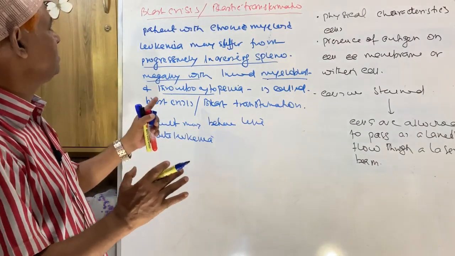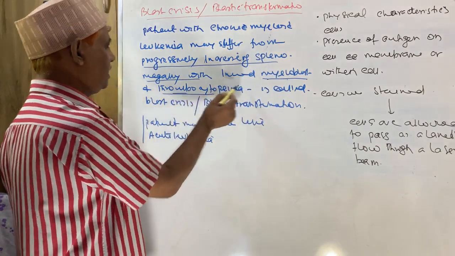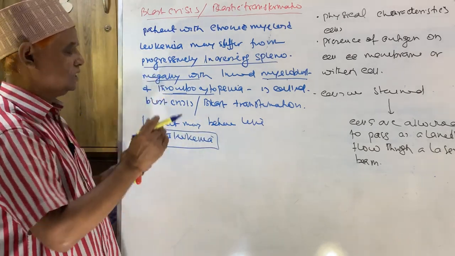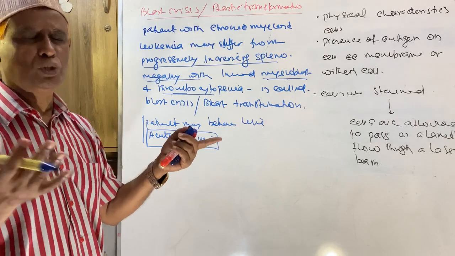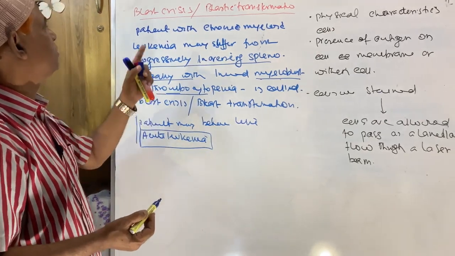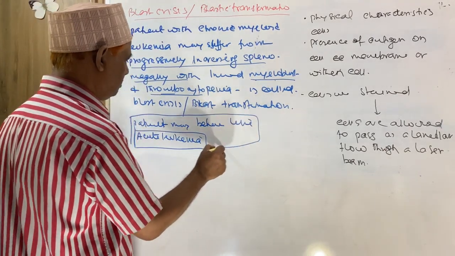If the patient suffering from CML develops increased myeloblast and thrombocytopenia, it looks like acute leukemia, because in acute myeloblastic leukemia most of the cells are myeloblast and there is thrombocytopenia. So patients suffering from blast crisis behave like acute myeloblastic leukemia.